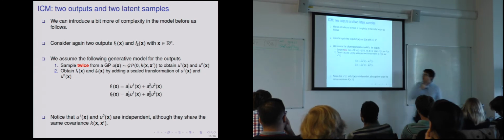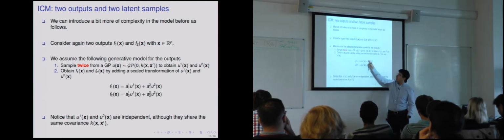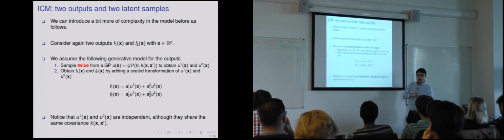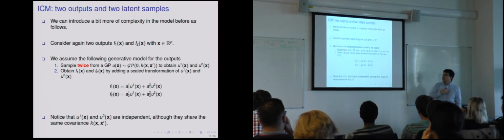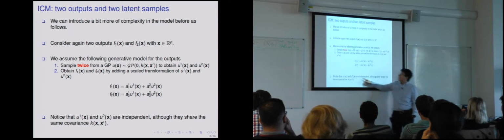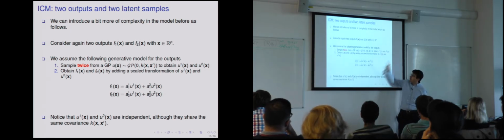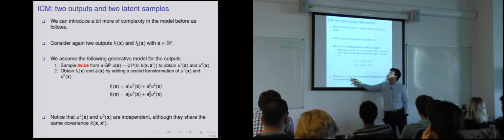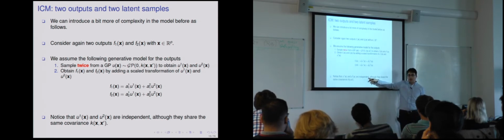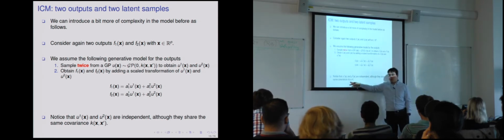So the only level of complexity here is that I added two terms, one for each output. Something important to notice is that these two samples that we get from the latent process are independent, although they share the same covariance.